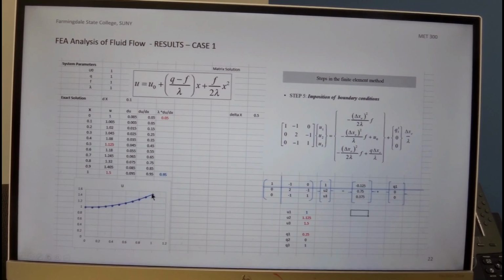Plotting it shows us the exact solution. Then there are a set of system parameters which are being used to calculate this function.